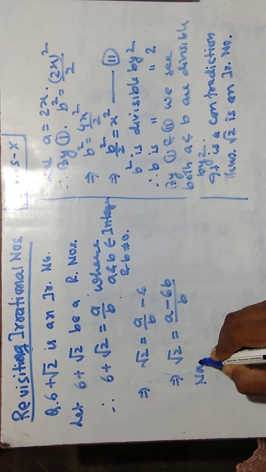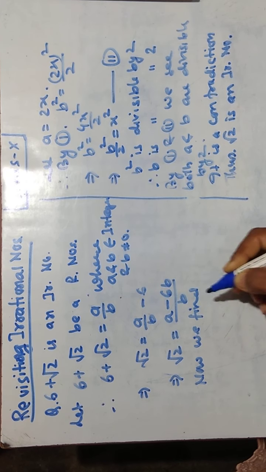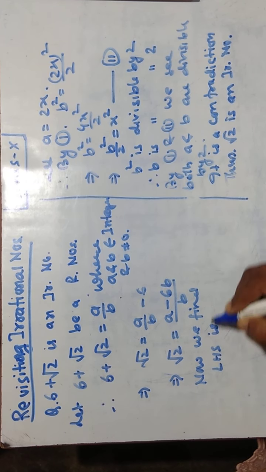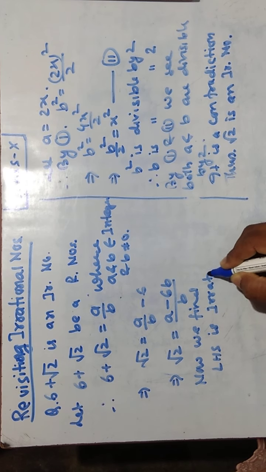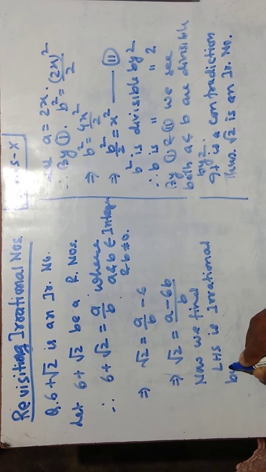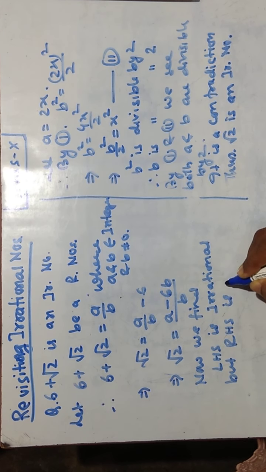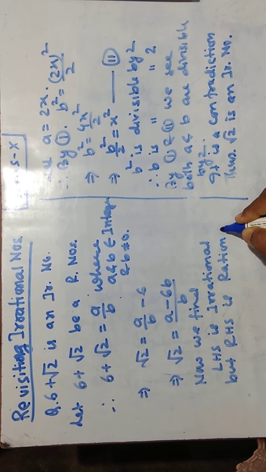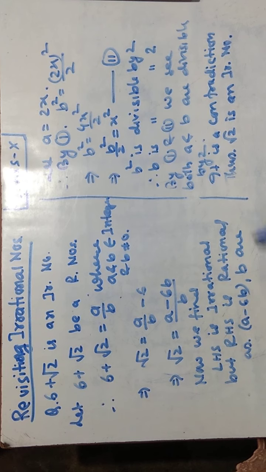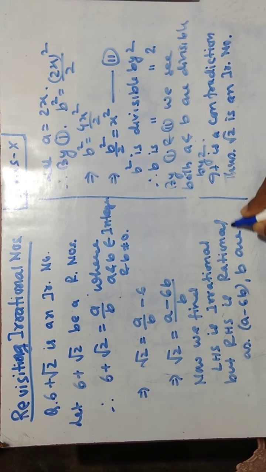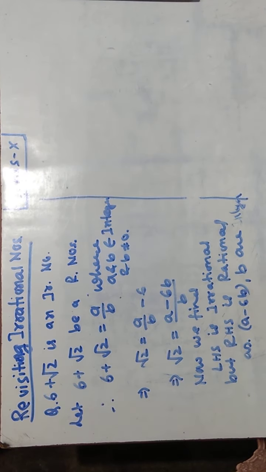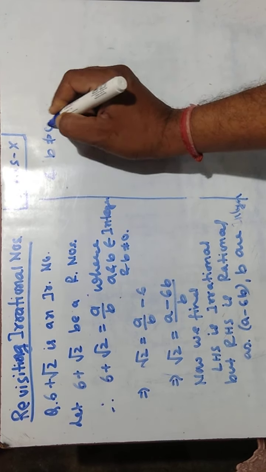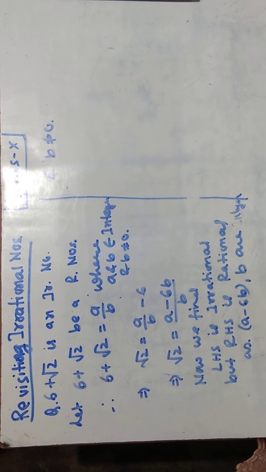Here we find the LHS is irrational, but the RHS is rational, because a minus 6b and b are integers and b is not equal to 0.